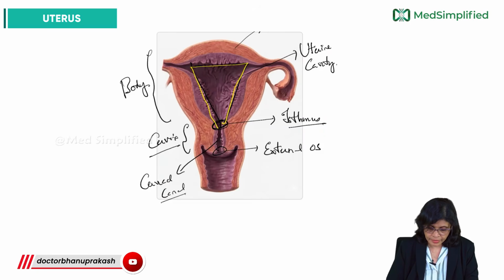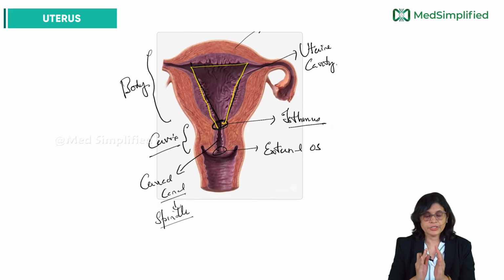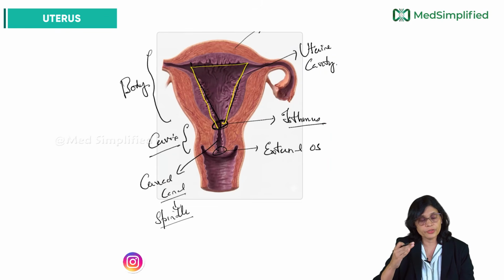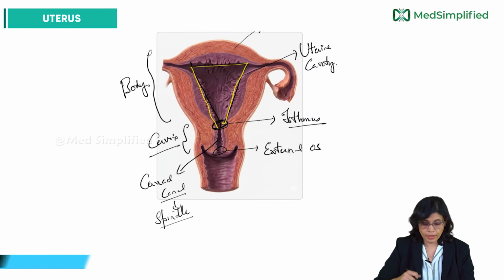It is spindle shaped, broader in the middle, whereas narrower in the upper as well as in the lower part. This cervical canal communicates with the cavity of the uterus through the internal os and with the vagina through the external os.